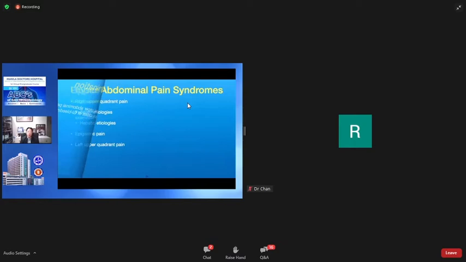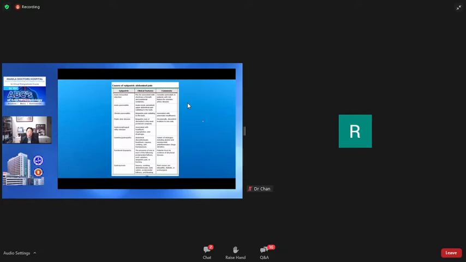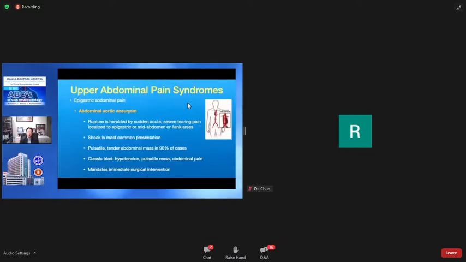Upper abdominal pain syndromes typically have characteristic locations, such as the right upper quadrant. Most of the time, it pertains to biliary or hepatic etiologies. So these are the different causes of epigastric abdominal pain: myocardial infarction, acute or chronic pancreatitis, peptic ulcer disease, reflux disease, gastritis, gastropathy, functional dyspepsia, or gastroparesis.